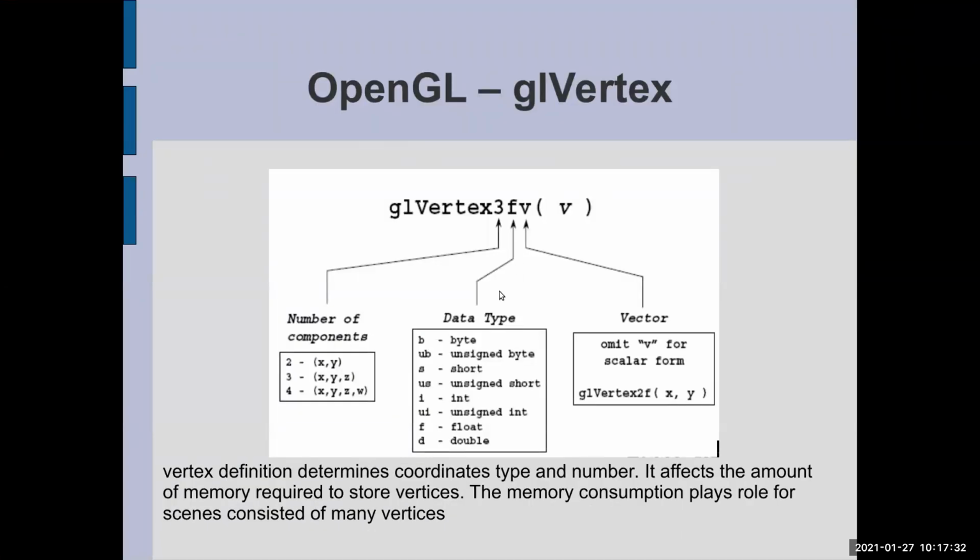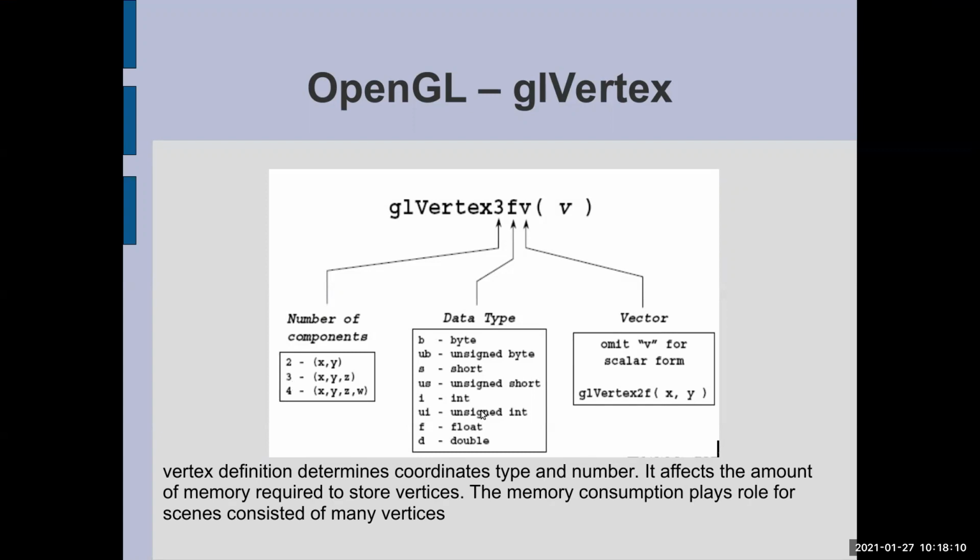Okay, assuming that there are 1 million vertices, which is not such a huge number, because for an average scene we usually have much more. If a particular vertex is defined only by two coordinates of byte type, every vertex takes 2 bytes. So for 1 million vertices, it is 2 megabytes of memory required to represent all vertices.